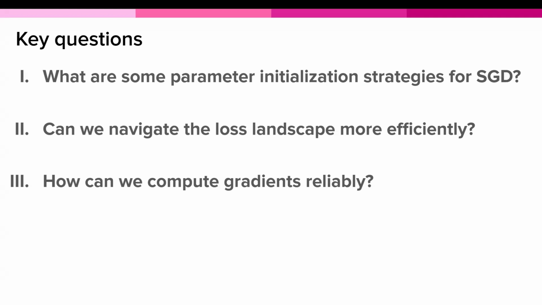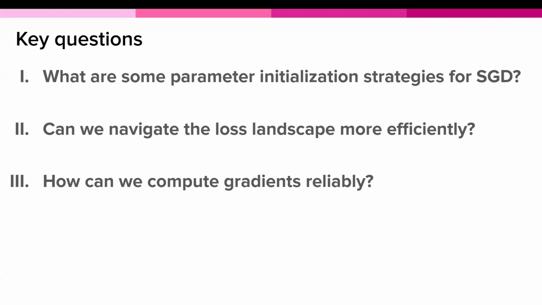The second part of the talk is about, once we've figured out where to start and how to initialize our parameters, are there considerations to navigate the loss landscape more effectively? Can we move over it faster to converge to a local minimum in less time with fewer updates?